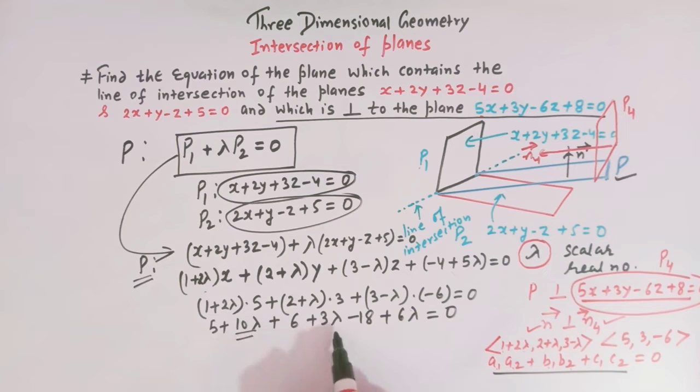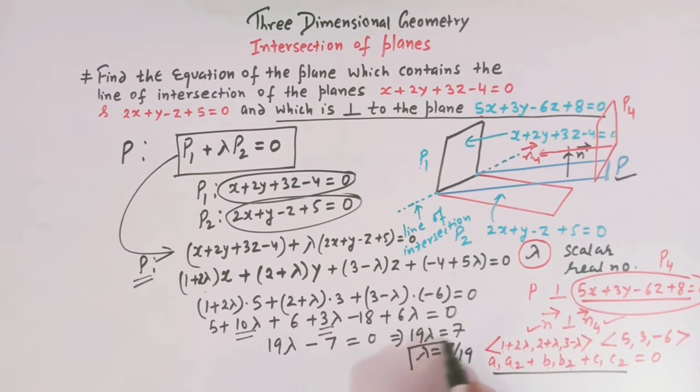So here we have 10 plus 3 is 13, 13 plus 6 is 19 lambda, then we have 6 plus 5 is 11, and 11 minus 18 is equal to minus 7, right? So from here we have 19 lambda is equal to 7, so lambda is equal to 7 over 19, right?